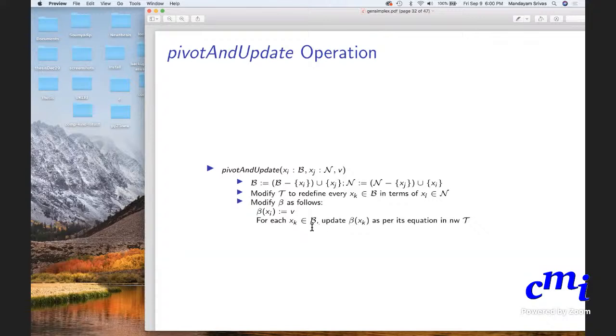And after that, it updates all the values of the other basic variables which remain in the basic set after the pivot operation. That is what pivot and update does.